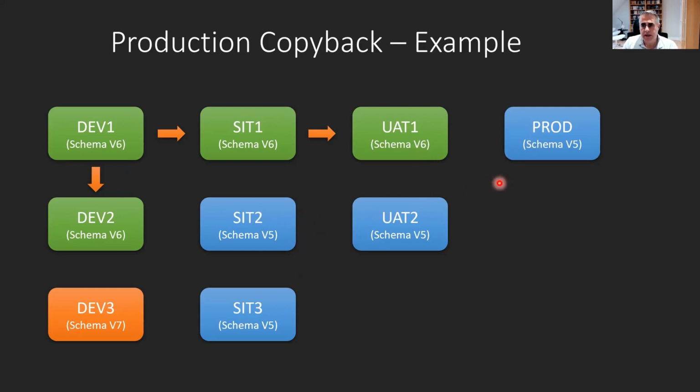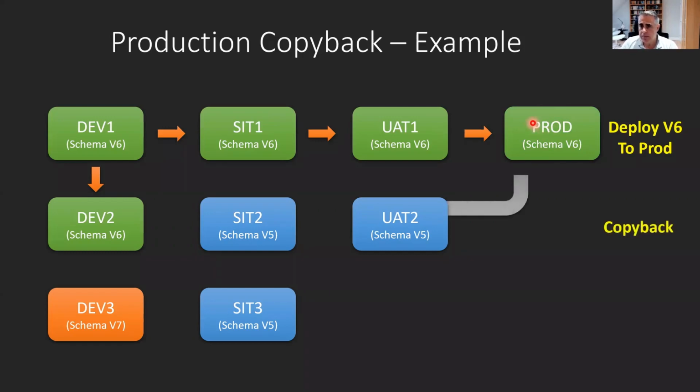When we use our automation now to deploy version 6 over to production, we can do that using our automated deployment. As part of doing that, we can have a trigger that says if we're deploying to production, use copyback processing to review what our other environments are.